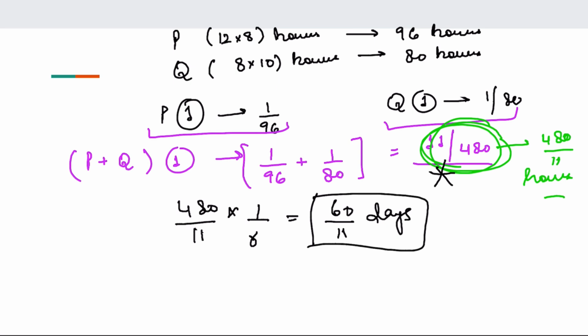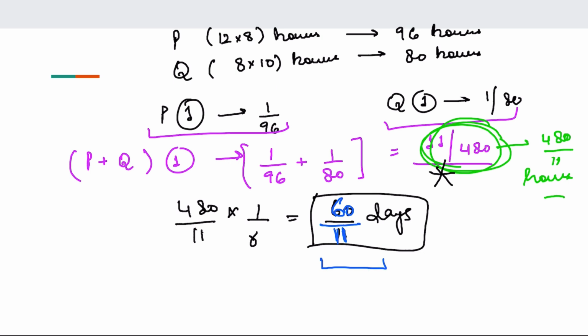Now all of you have to answer one thing for me. If somebody asks me this question and gives me these options, am I supposed to leave the answer as 60 by 11? Is this the way I can answer? Exactly, I cannot leave it this way. Because as you remember, in the options we actually got mixed fractions.